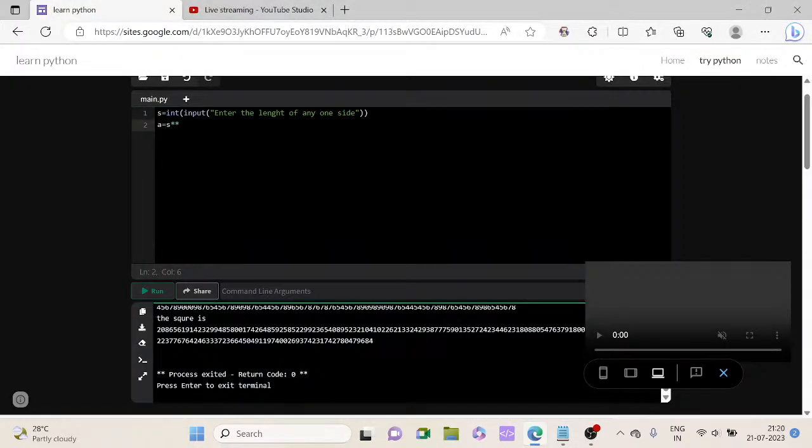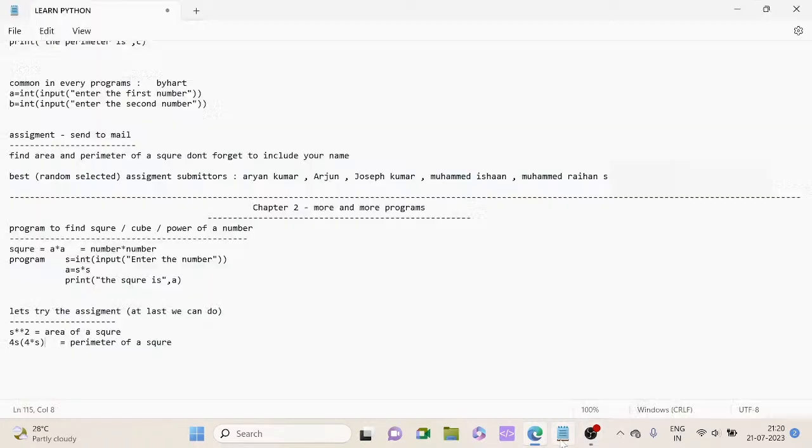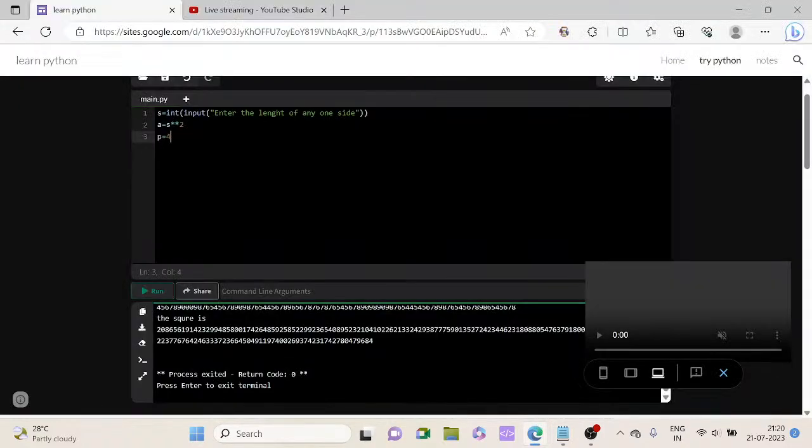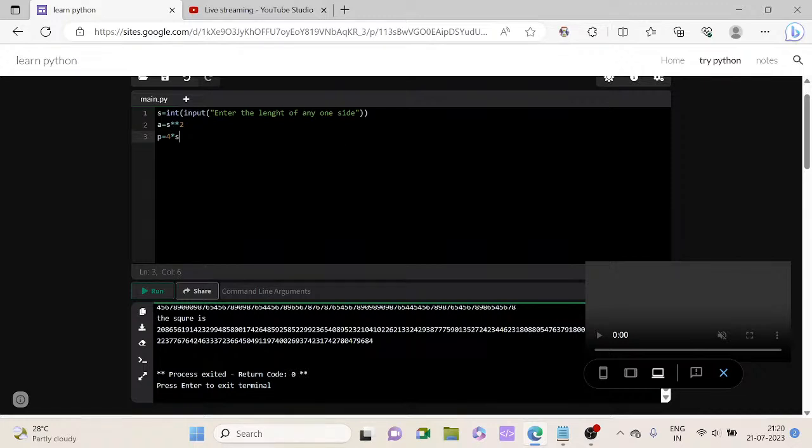Two stars and two, so it's square. Next thing is perimeter. Perimeter is equal to 4 times S, 4 into S. So we will type just 4 into S. That's all. Next line.